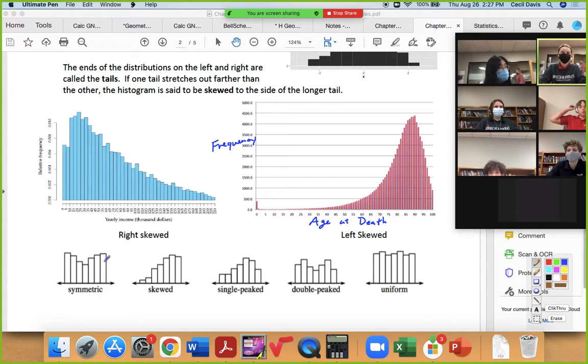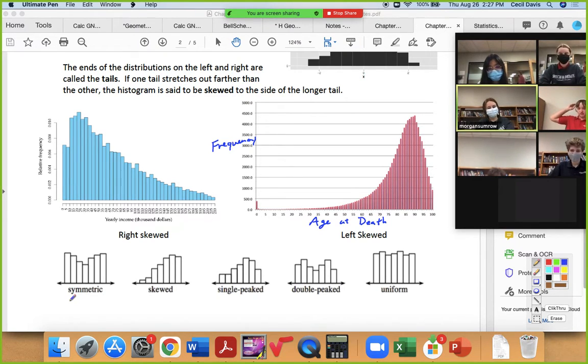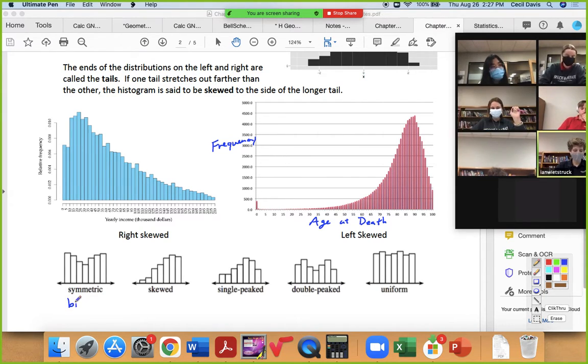Okay. So here's some more. These are also out of your seventh grade textbook. This is symmetric. What kind of mode would you say this was? I don't know if I'd go multi, although you might be able to twist my arm and make me say that.